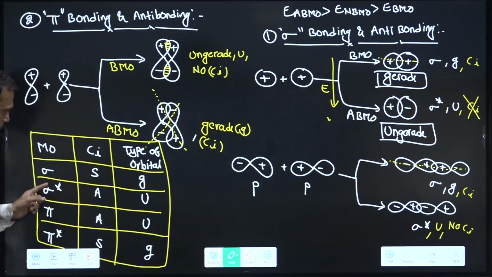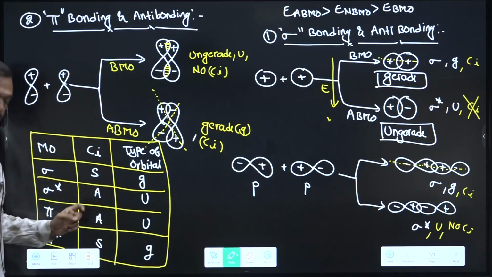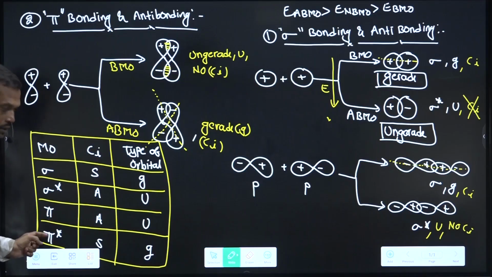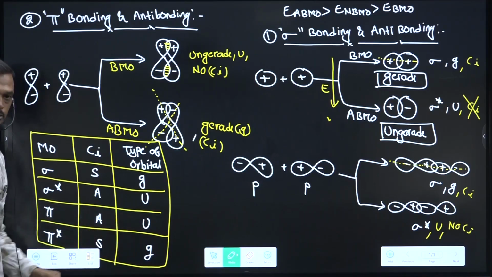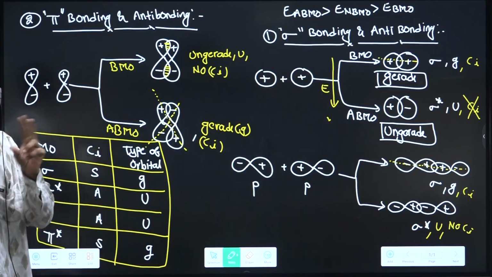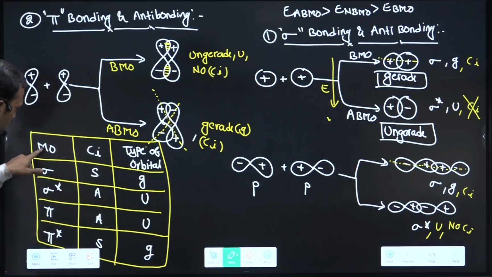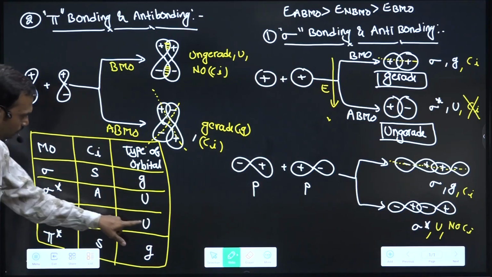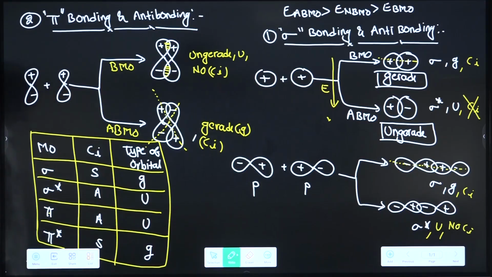See, sigma to sigma star is possible, gerade to ungerade possible. Pi to pi star electronic transition is possible, gerade to ungerade. Whichever molecular orbitals have the same symmetry, electronic transition is not possible. Sigma to pi, gerade and ungerade. Then one more is sigma to pi star: gerade to gerade, possible?